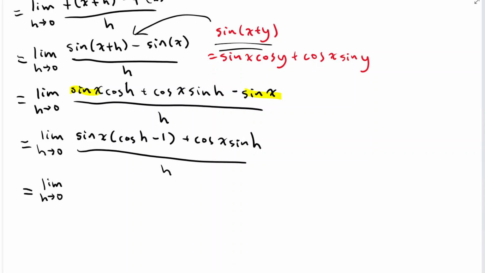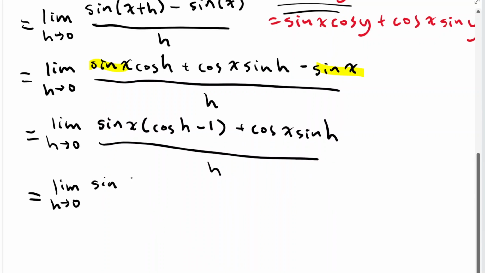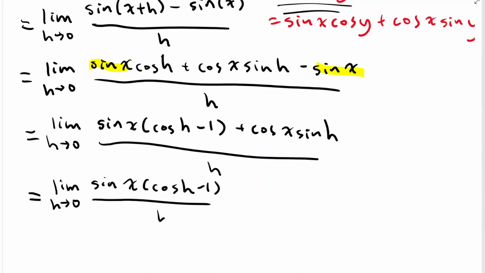I want to separate this into two limits because I don't want to evaluate such a big limit. So I want to separate this into two fractions so that it's easier to evaluate. So plus, now I'm just separating the fractions and separating them into two limits.